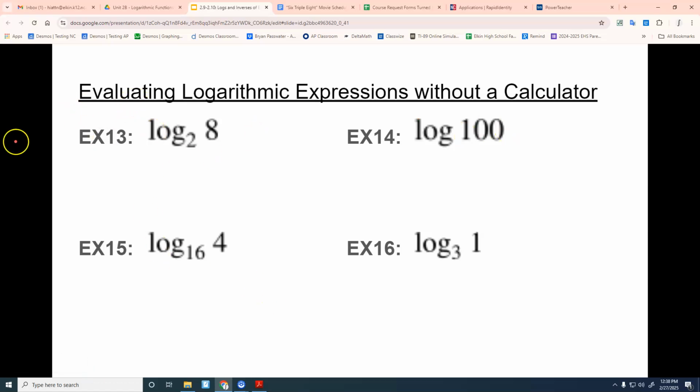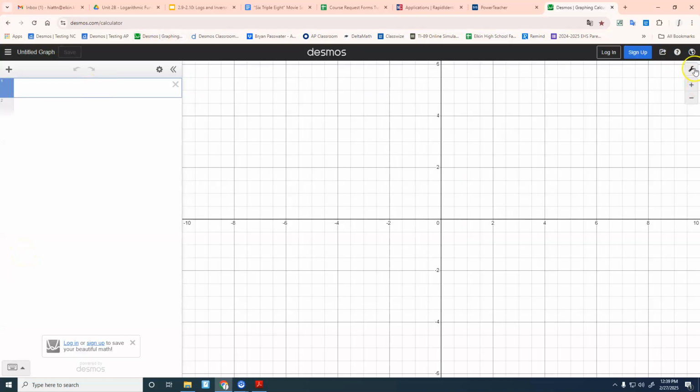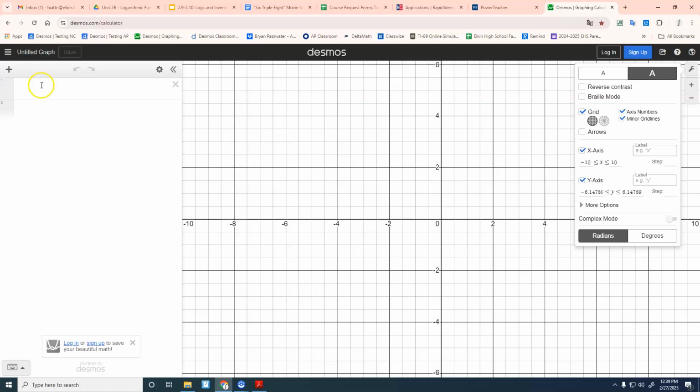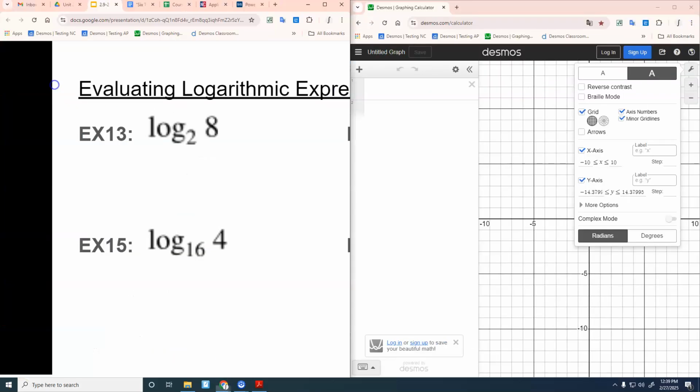All right. Now, these next problems are going to ask us to evaluate logarithmic expressions, but we have to do it without a calculator. Okay, so if it were calculator active, we get to use Desmos this year. If it is calculator active, then you've got two options for typing this into the calculator.